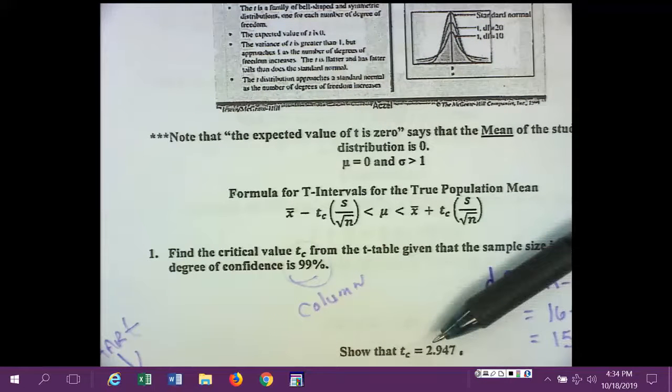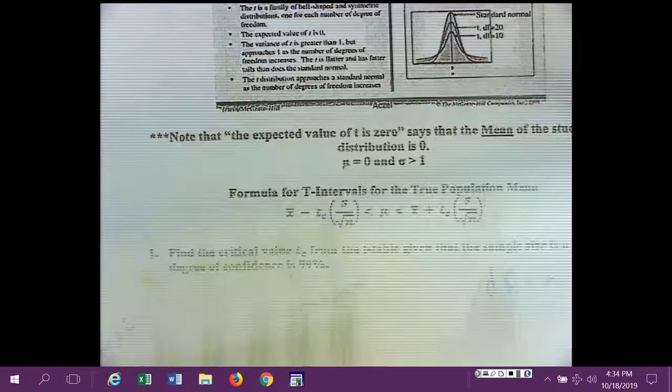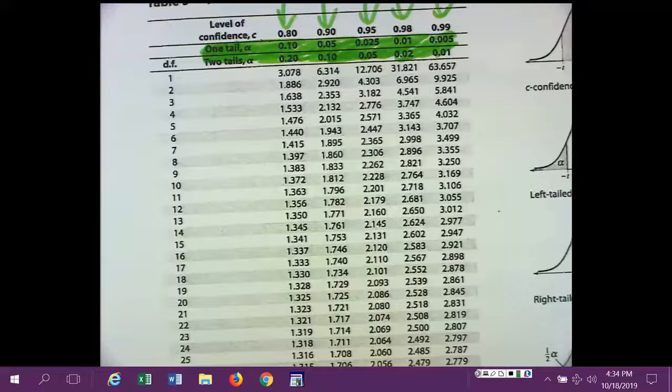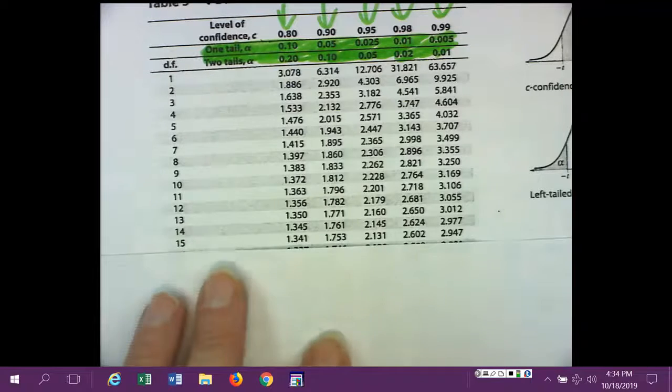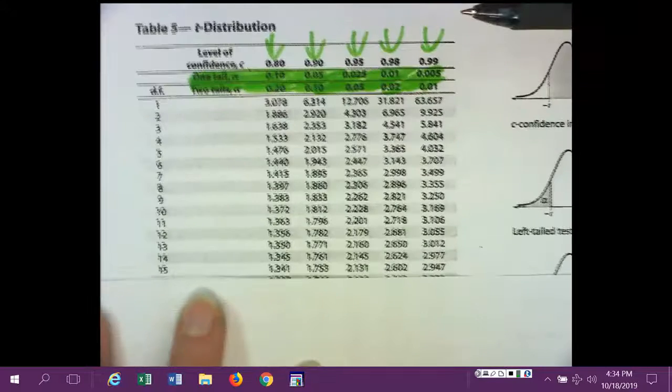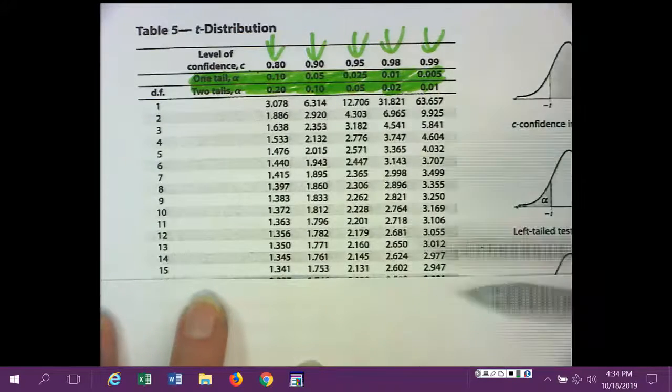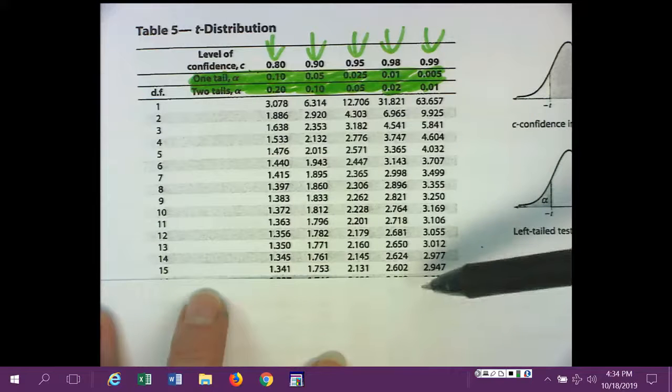So I will place the t-table on the document camera. Oftentimes I suggest that you take another piece of paper to block off the row of your choice, so that with so many numbers in the table, you do not go to the wrong row or the wrong column.